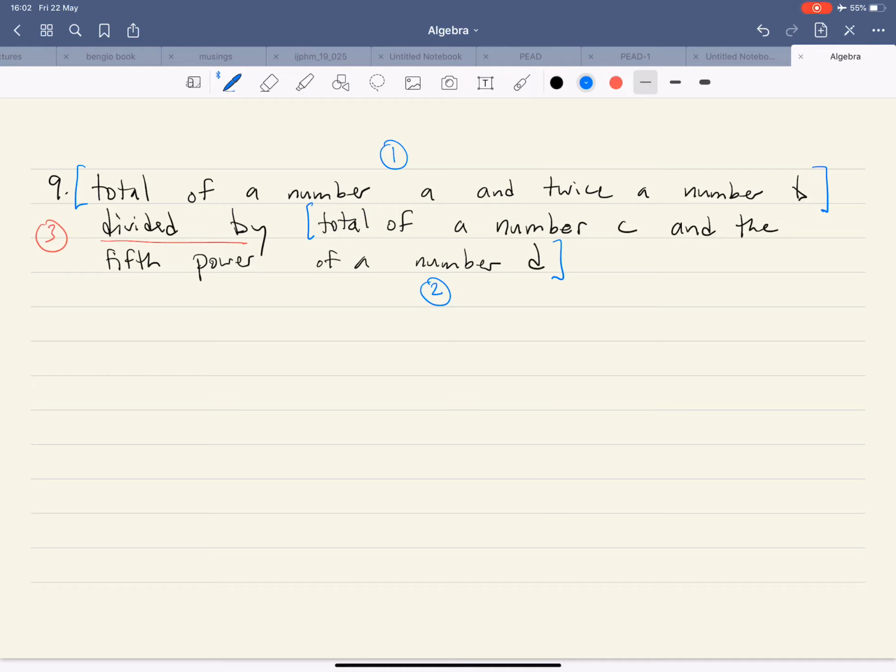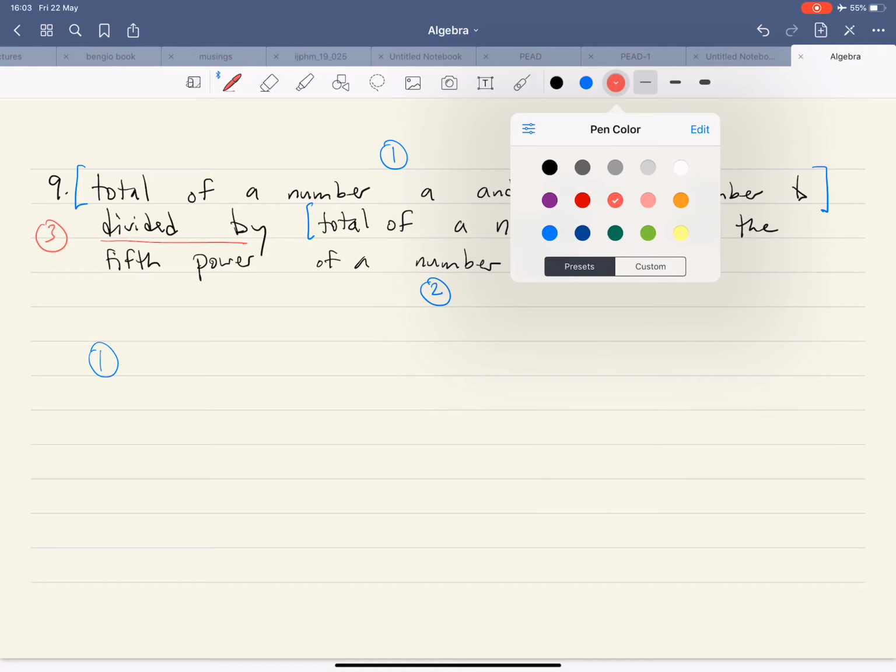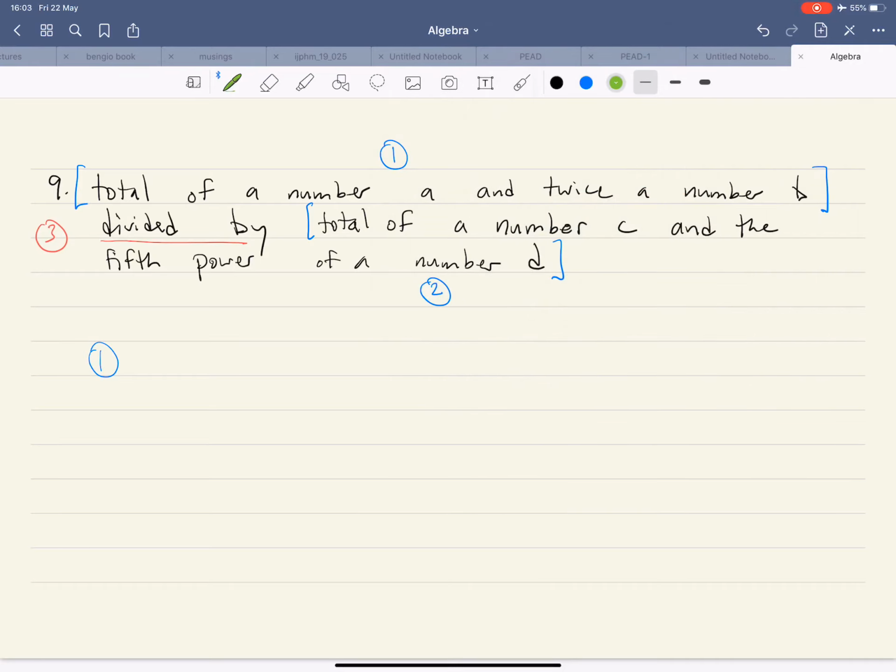Now, when I take a look at 1, this itself could have been divided into other phrases, right? Total of a number A and twice a number B is its own little subphrase, right?